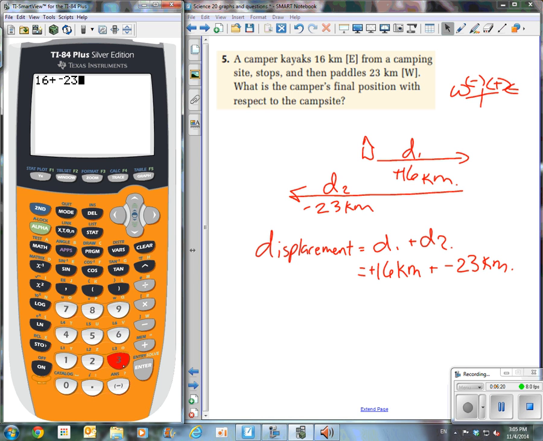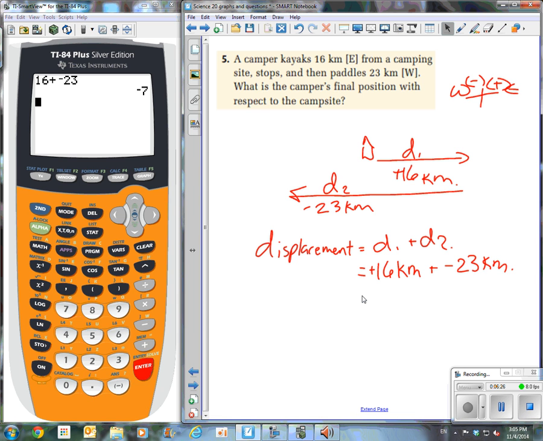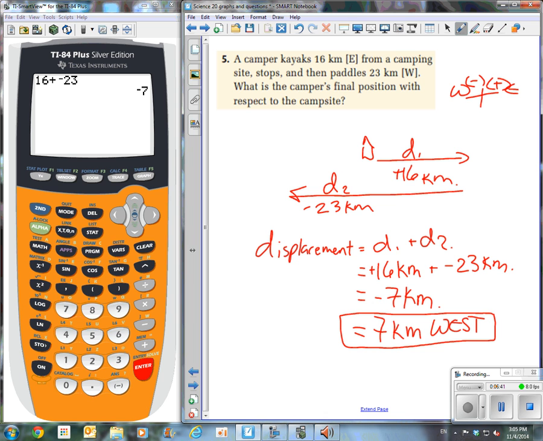Now, 23 is negative because it is in the opposite direction. So we get negative 7 kilometers, which means that the camper is 7 kilometers west of the campsite. This question is really asking for what the displacement is.